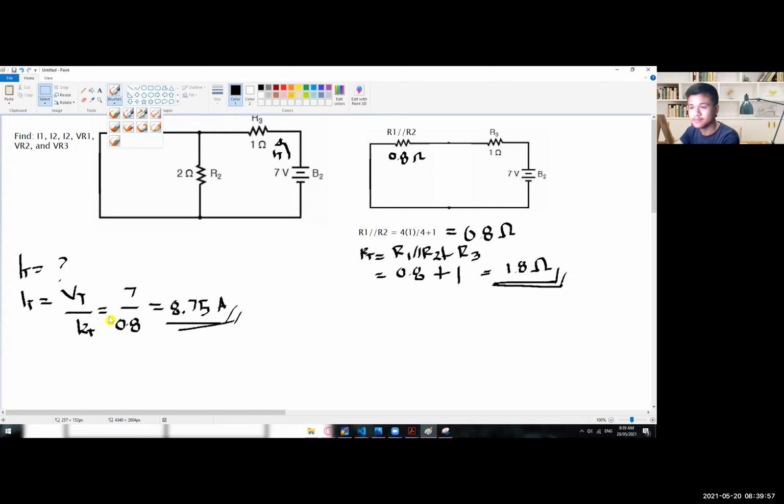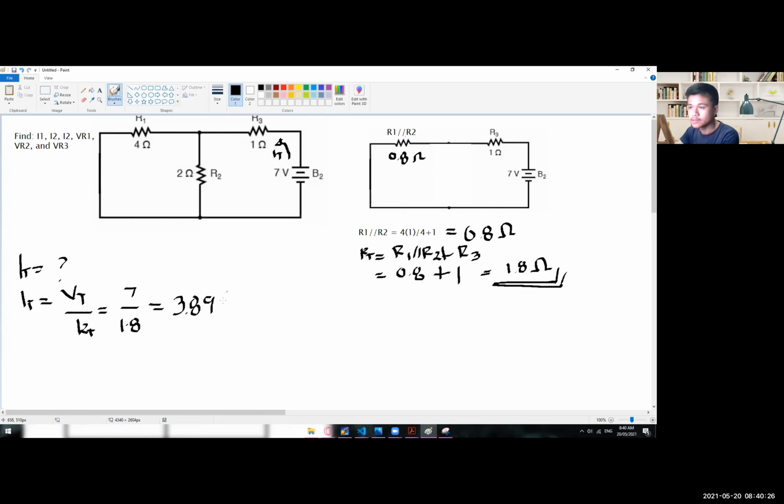And this one is not 0.8, but this one is 1.8. And of course, this one now is not 8.75. So 7 divided by 1.8 is equal to 3.88889. Or we just simply say that this one is 3.89.